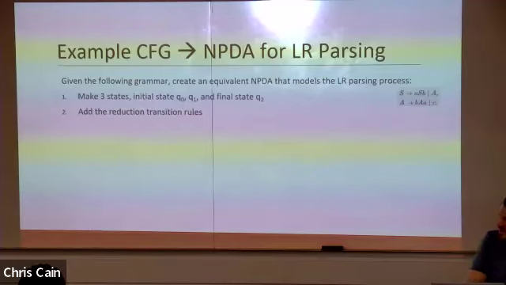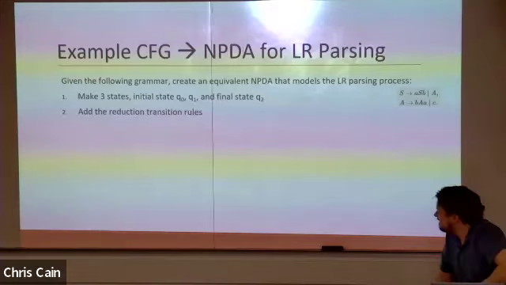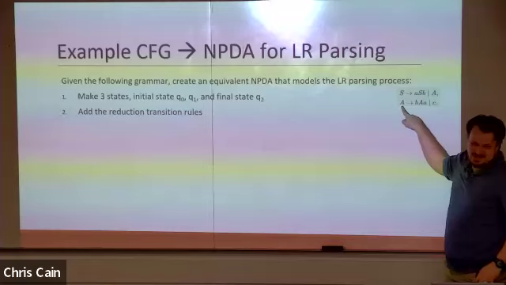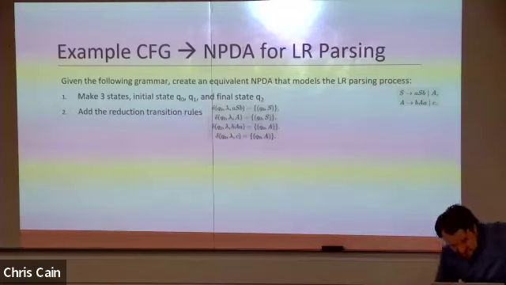How many different ways are there to replace a right-hand side with a left-hand side? Four of them. You can replace this right-hand side with this left-hand side, and so on for each one. So there are going to be 4 rules.